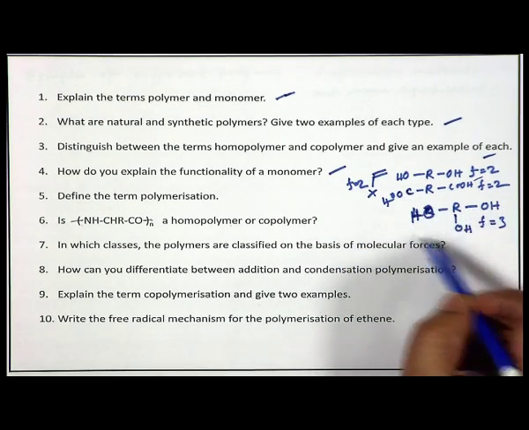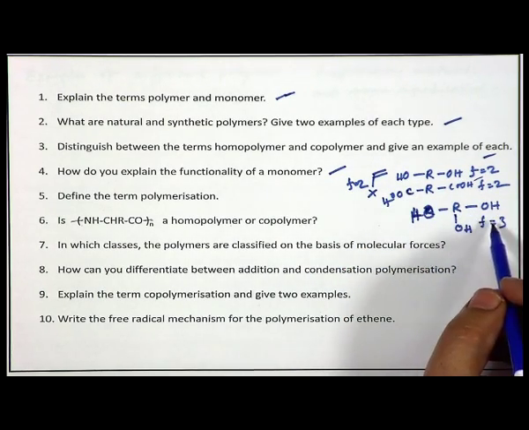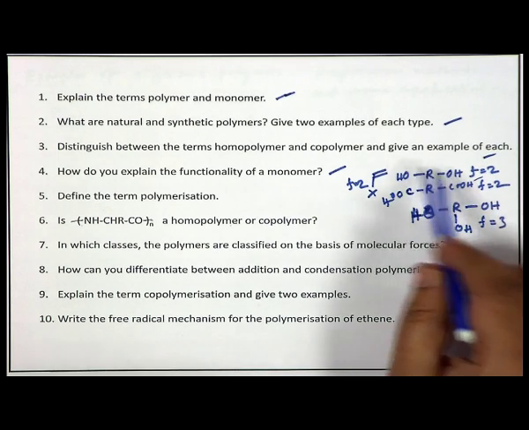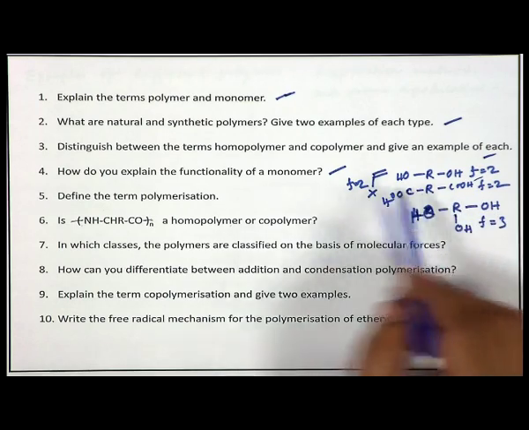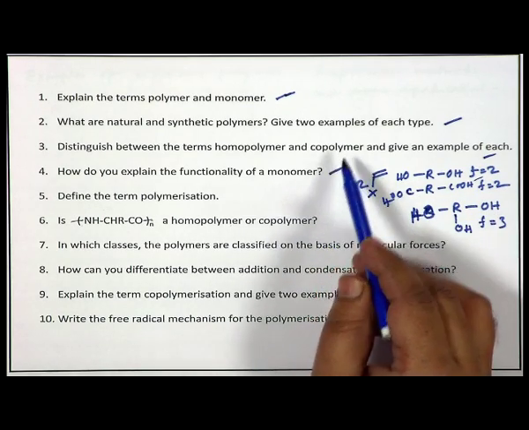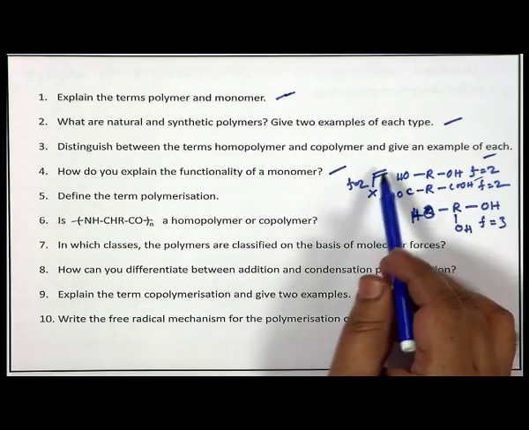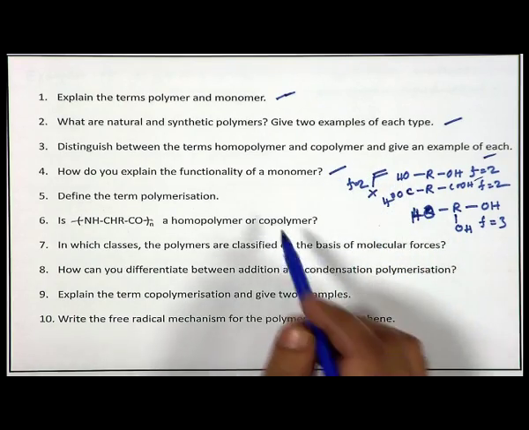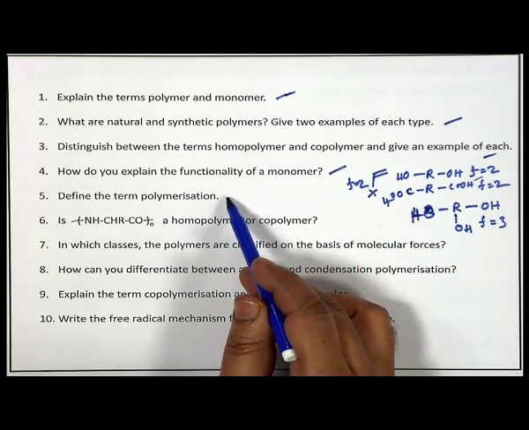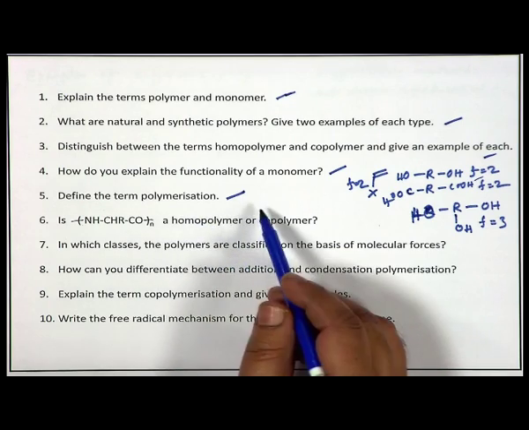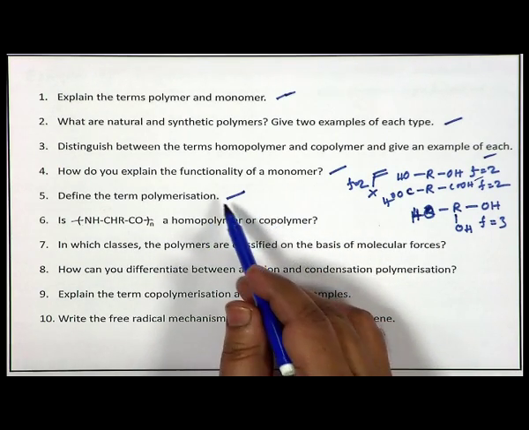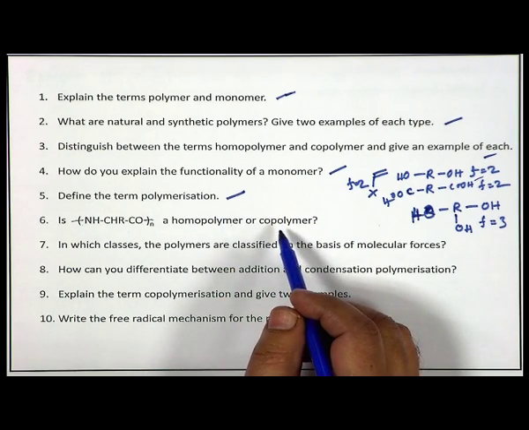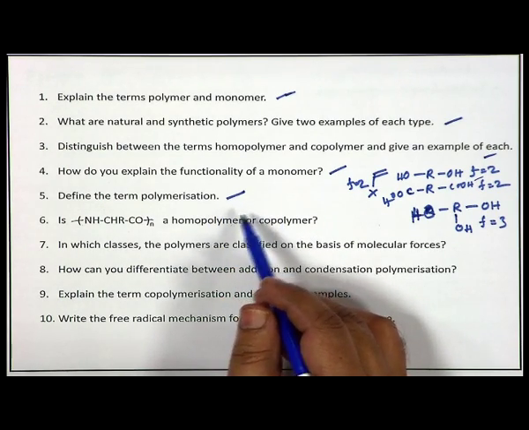So, you know what the functionality of a monomer is now? The functionality of a monomer is the number of covalent bonds each monomer can form in that given condition. Polymerization is the process of converting monomers to polymers, and we talked about different types of polymerization processes.